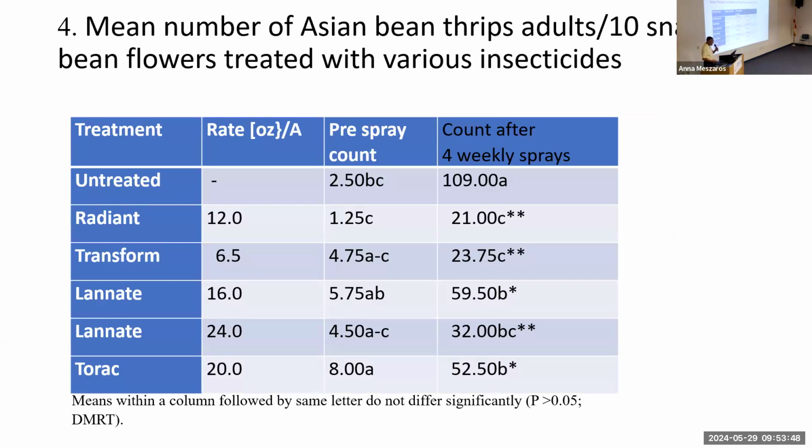We had two rates of Lanate, and as you compare with the untreated control, the result was really good. We observed significant reduction in the case of Radiant by itself. Transform did a good job, and both rates of Lanate significantly reduced thrips. At the same time, Torac was also good in these trials.